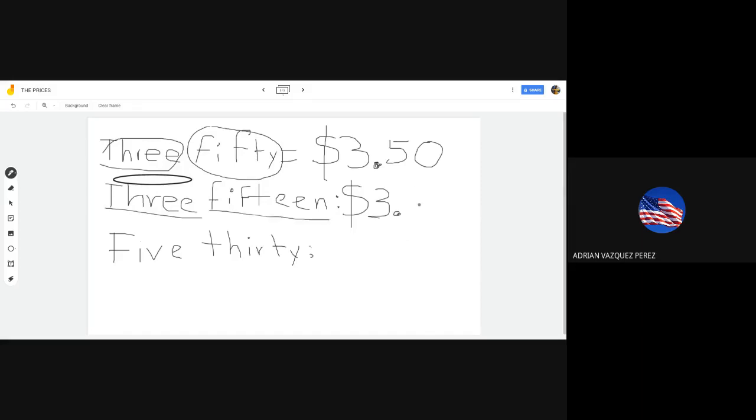What is the number 15? Correct. So you can see these two numbers are very similar. One is 350 and the other one is 315. Don't forget that the ending is ty for 50 and teen for 15. Okay, so we got 350 and 315.